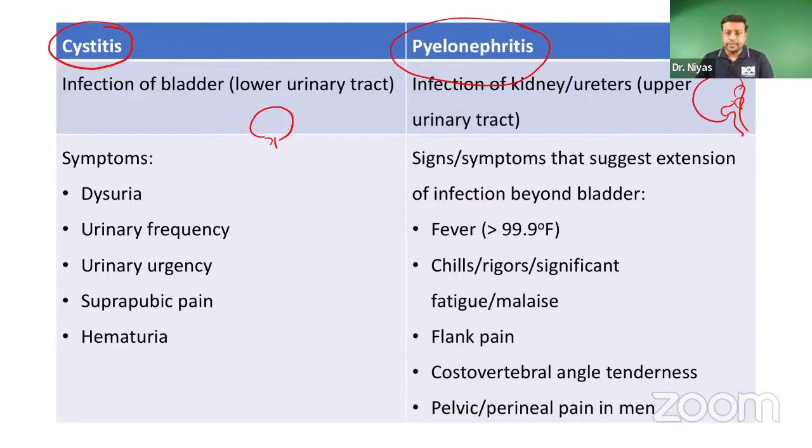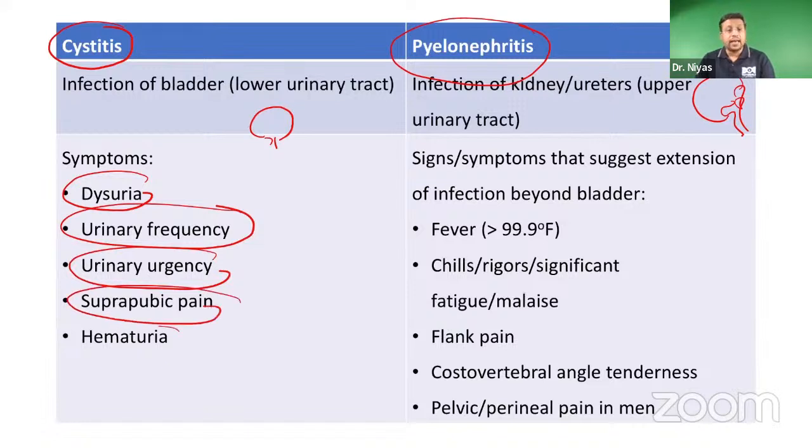Now, the cystitis patient presents with dysuria, increased urinary frequency, urinary urgency, suprapubic pain, and hematuria. Notably, you can see that fever is not mentioned as a symptom of cystitis.